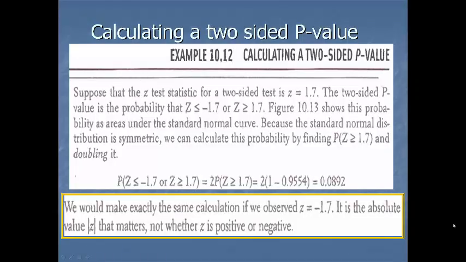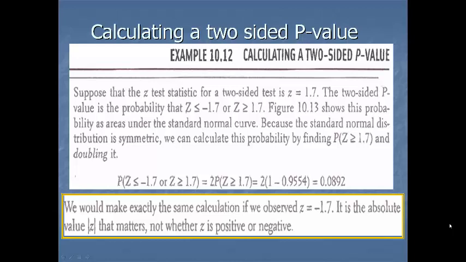So we're given, in this particular example, that the z-statistic is 1.7. And it's a two-sided test. Well, that means it could either be less than or equal to negative 1.7, or greater than or equal to positive 1.7. So in this particular case, the book tells us to find that probability and subtract it from 1.